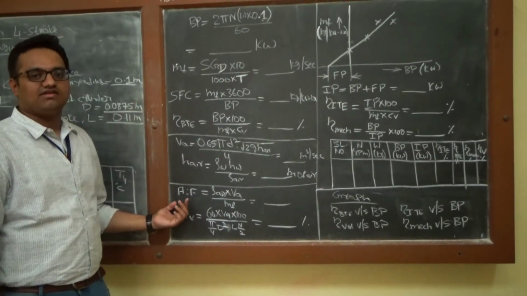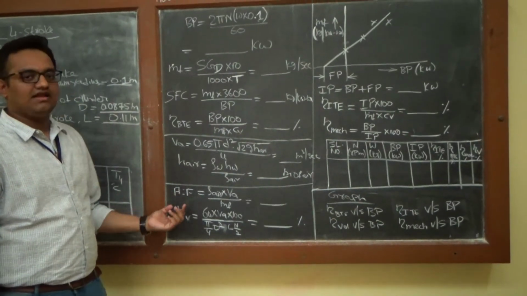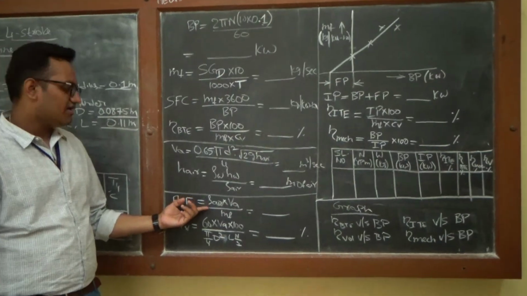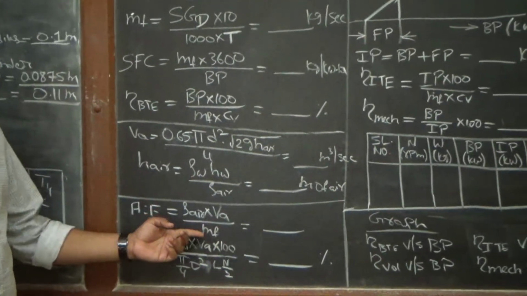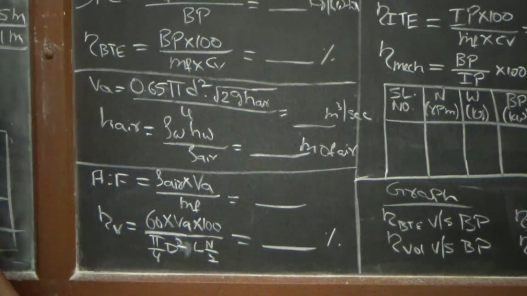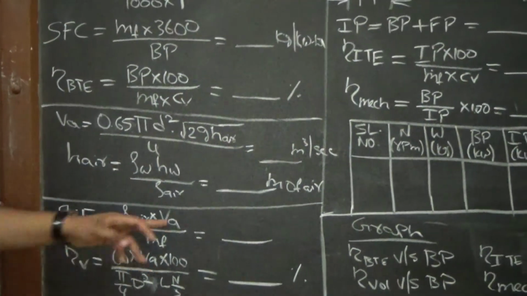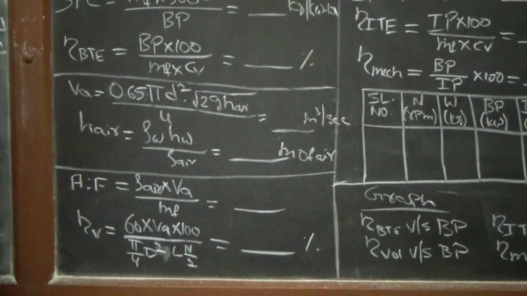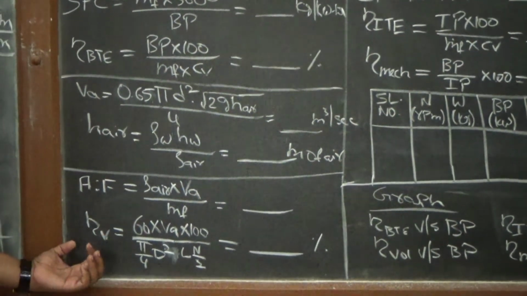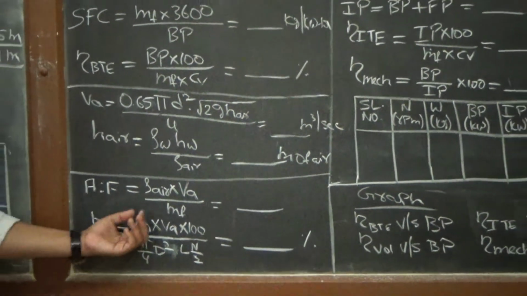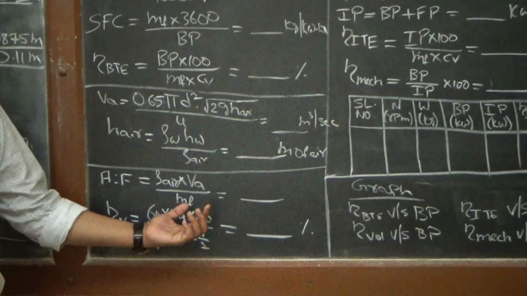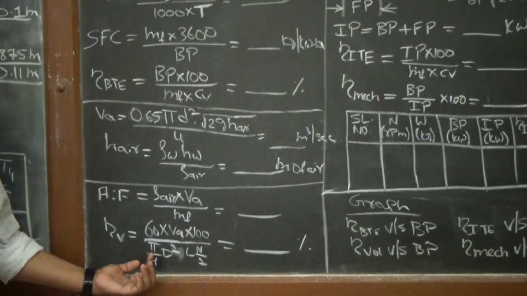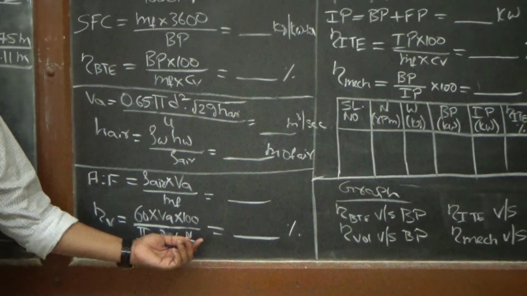Following that, we have the air fuel ratio. To calculate the air fuel ratio, we know rho, the density of air, we know the volume of air, and divide by the mass of fuel, which we have already calculated. So we get a ratio, and we don't have any units for that. Following that, we have the volumetric efficiency: 60 VA into 100, the multiplication factor for percentage, along with pi d square L n by 2.